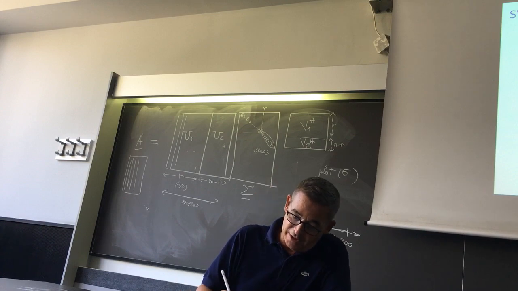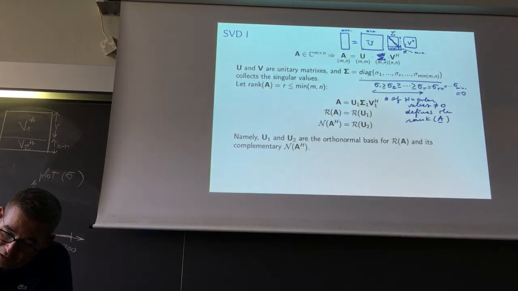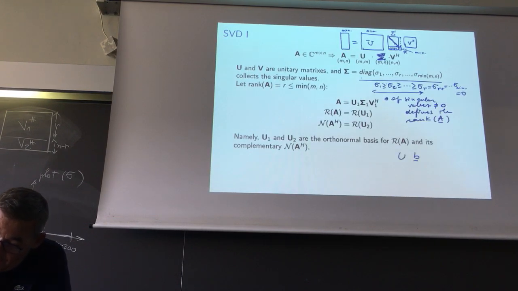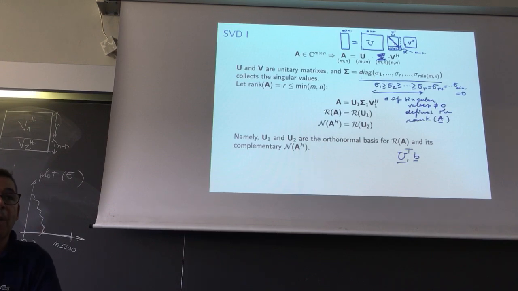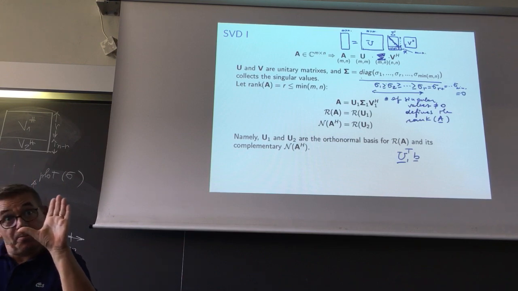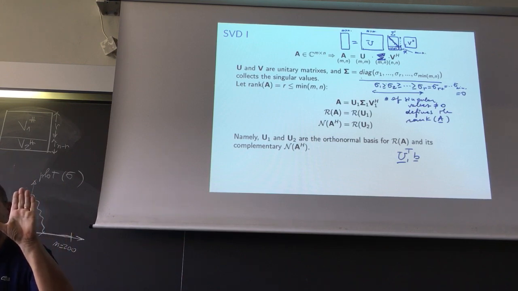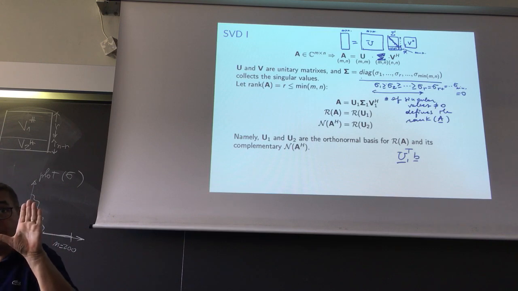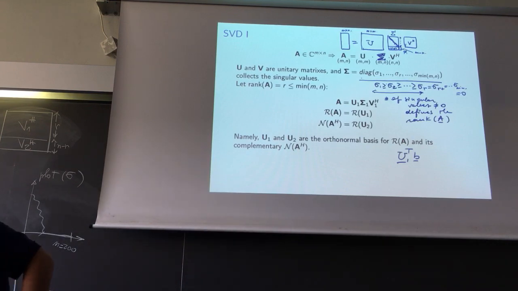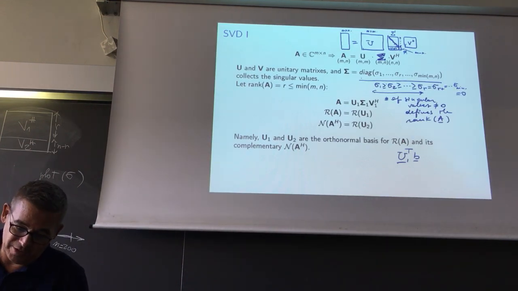What I need to do is take any vector, say B, and multiply by U1 transpose. If I take a vector B and multiply by U1 transpose, I take every basis vector and multiply B by it. Let me sketch it on a new page. It's better.